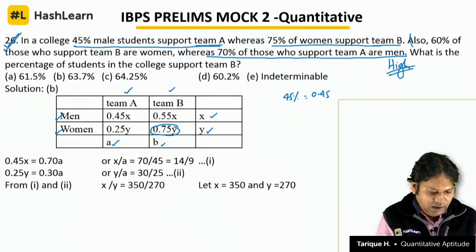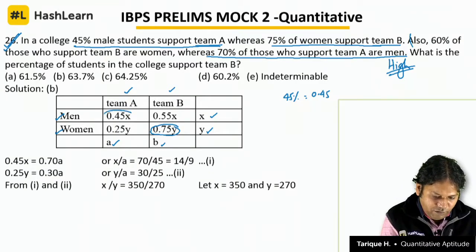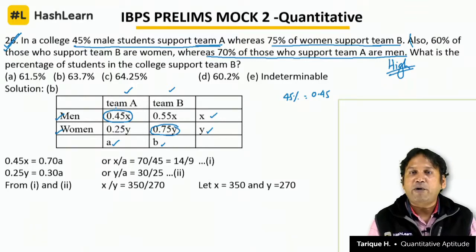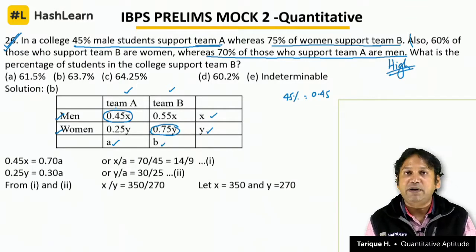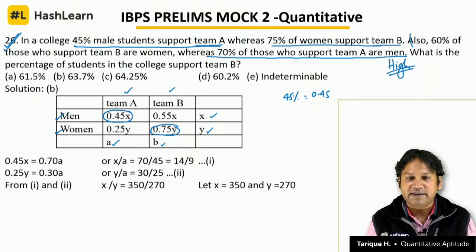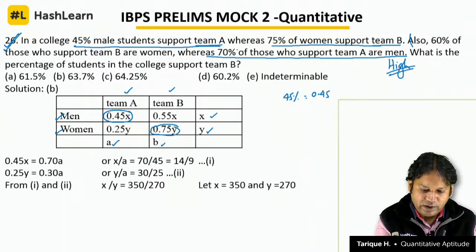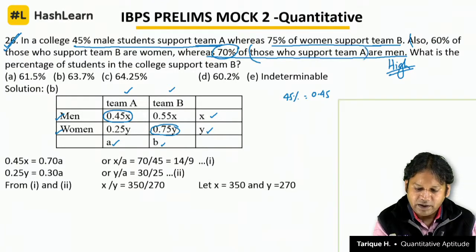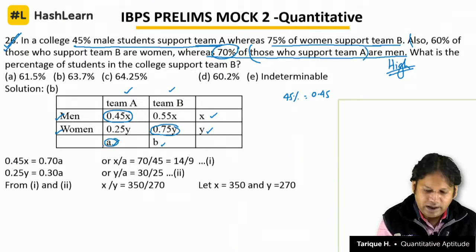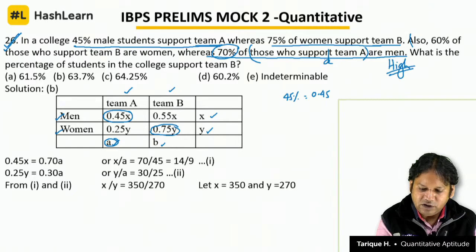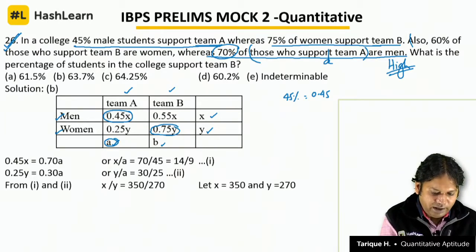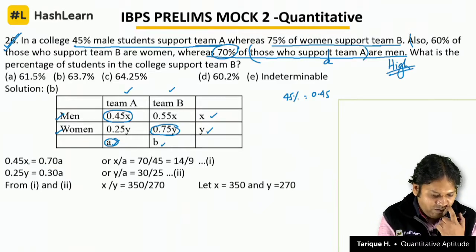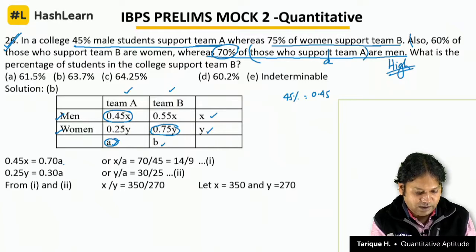What will happen? See this 0.45x, we know how many men support team A. What is the value in team A under men? 0.45x, and this is given to you as 70% of those who support team A. How many people support team A? A. So 70% of A are men. How many men are there? 0.45x. So 70% is 0.70. So we get one equation here, 0.45x is equal to 0.70A.